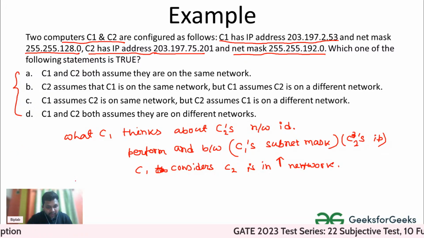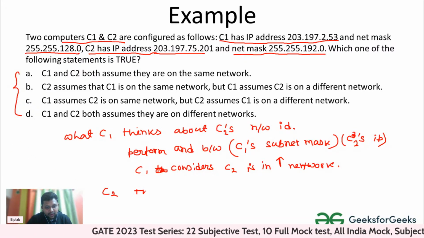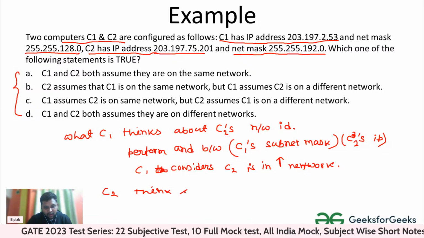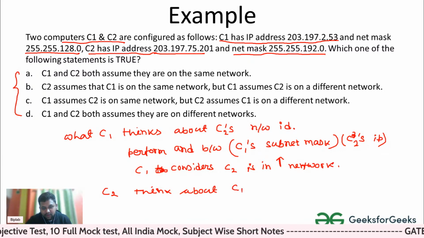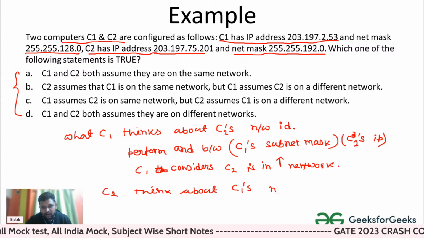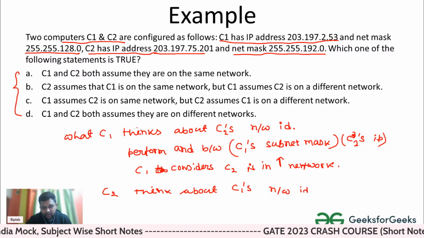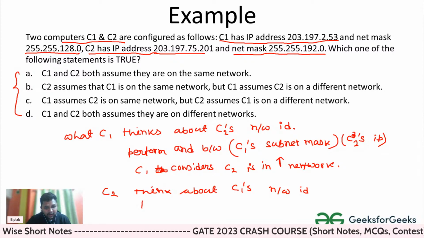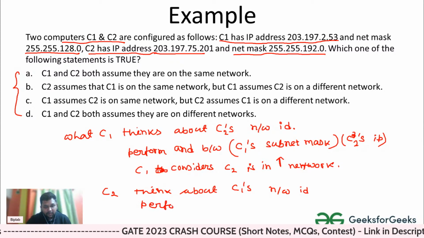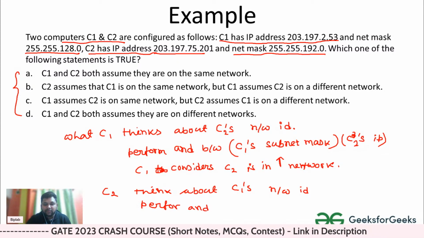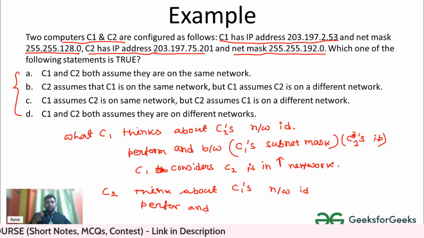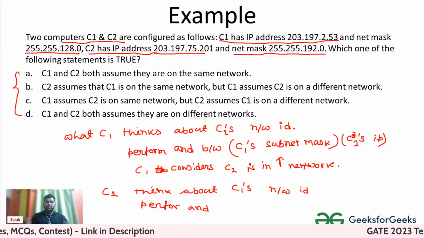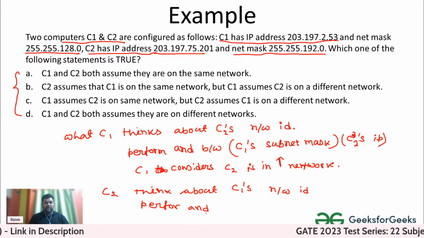Now the same way you can do it for C2: what C2 thinks about C1's network ID. You have to check if both are in the same network or not.